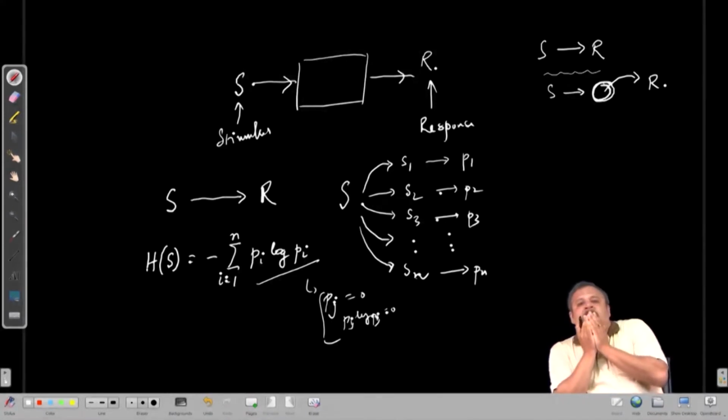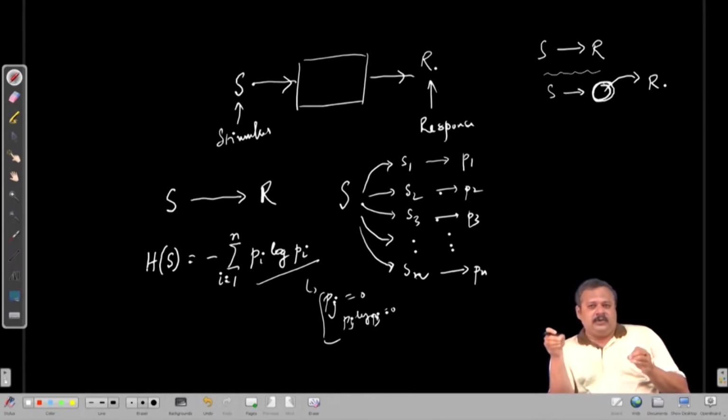So, you can imagine that if the stimulus can take on only one value, which is S1, then there is no uncertainty about the stimulus. So, indeed the entropy is 0.